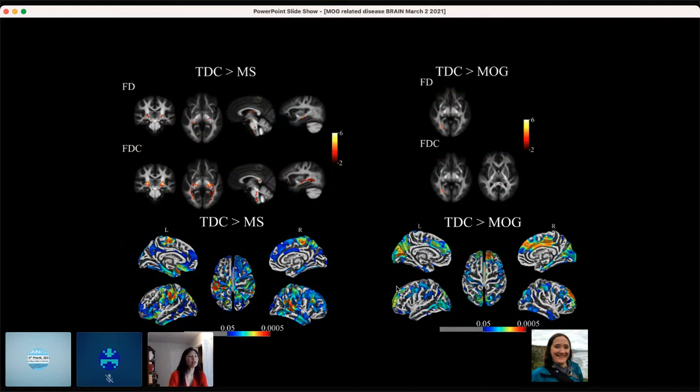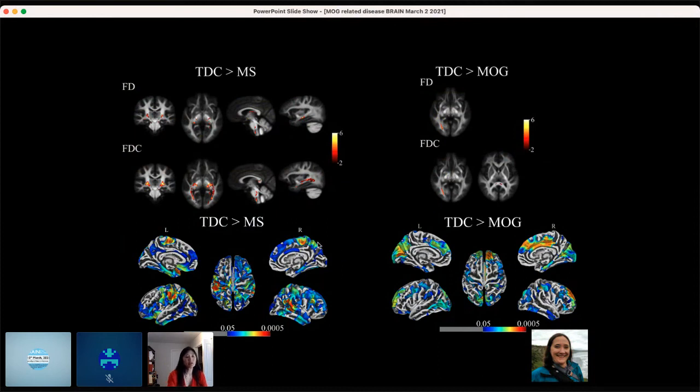This is a picture of gray matter cortical thickness in children with MOG on the right in comparison to typically developing controls, and MS on the left in comparison to typically developing controls. I want to highlight the V1 area in children with MOG, which seems to be preferentially affected in MOG and doesn't seem to be so much affected in MS patients.